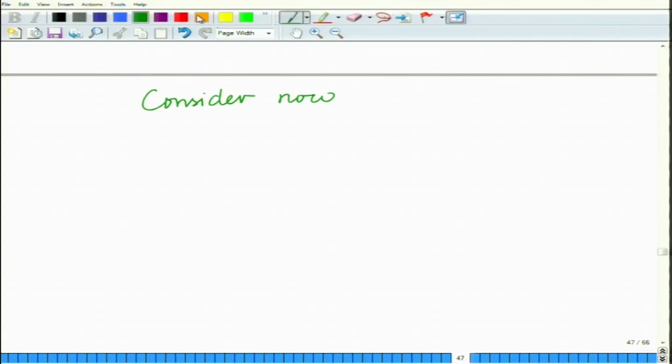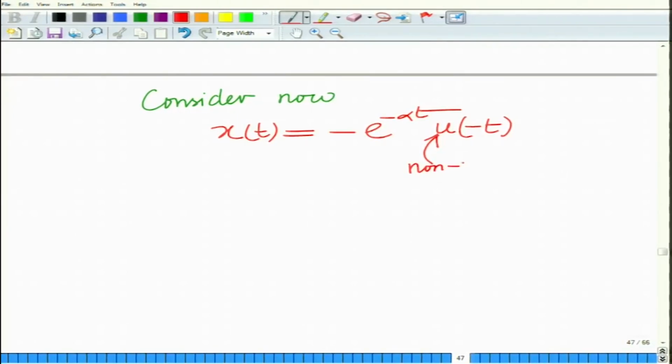x(t) equals minus e power minus alpha t u(minus t). This is different because it is non-zero only for t less than or equal to 0, because u(minus t) is non-zero only for t less than or equal to 0.